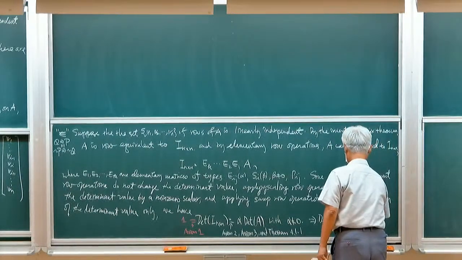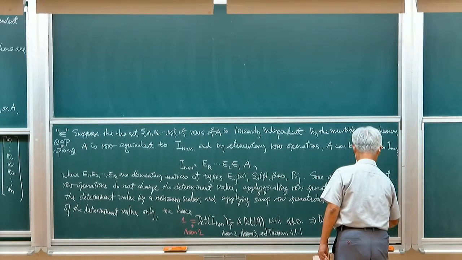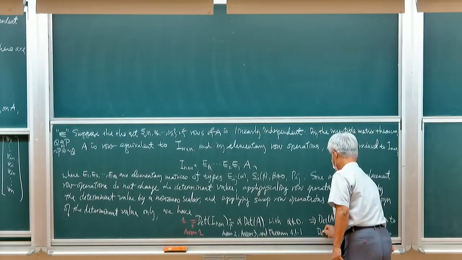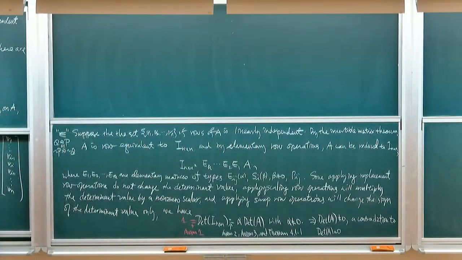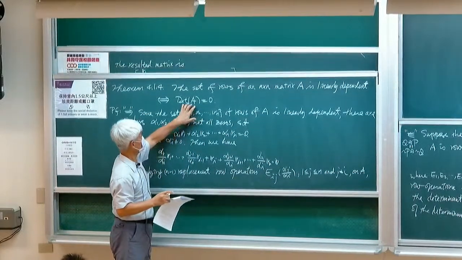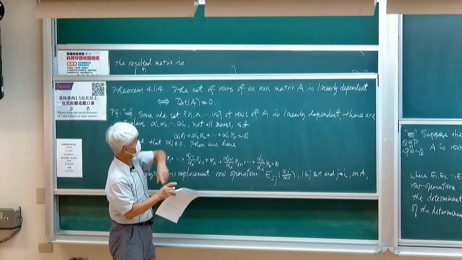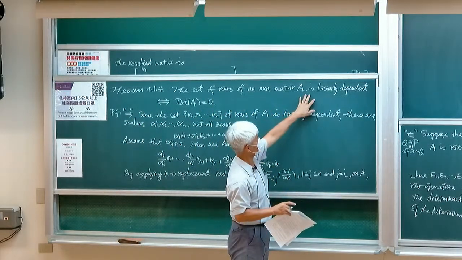Okay, so a contradiction to the determinant of A being equal to 0. Because in the theorem, the determinant of A is 0, and we want to show that the set of row vectors of A is linearly dependent.